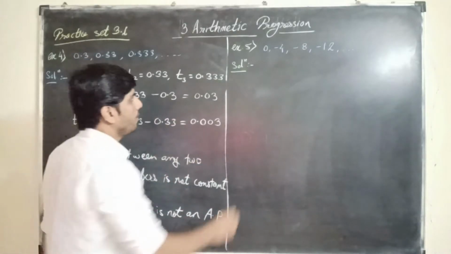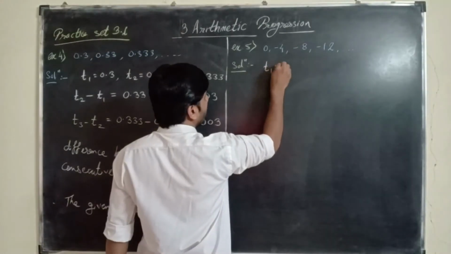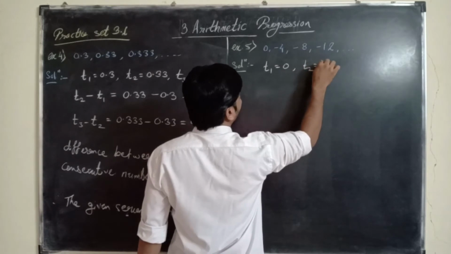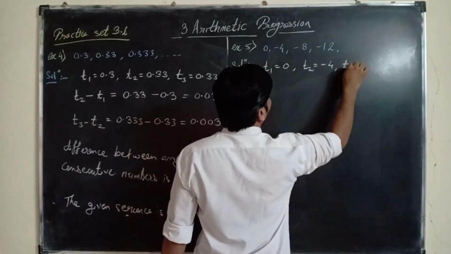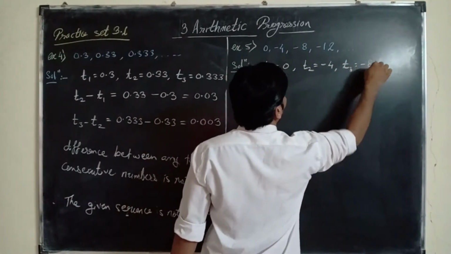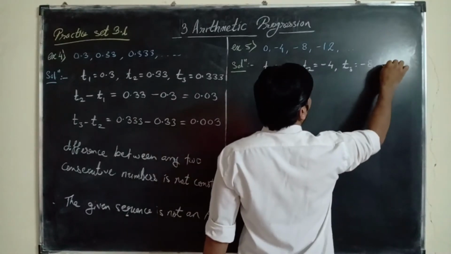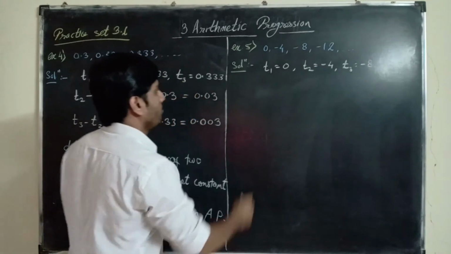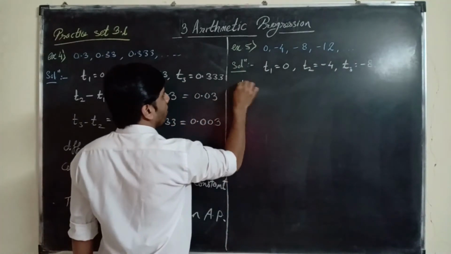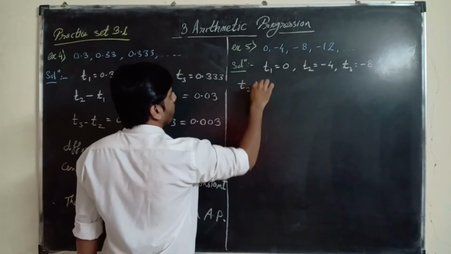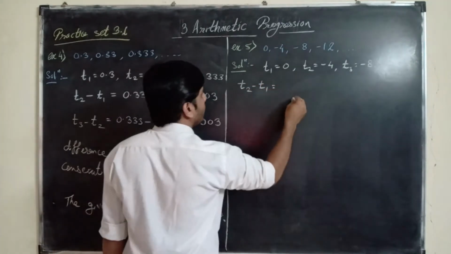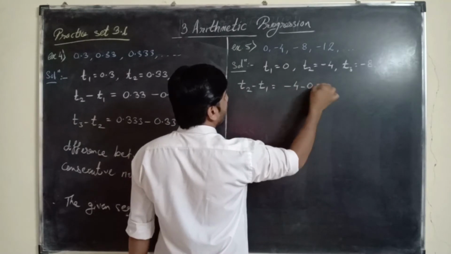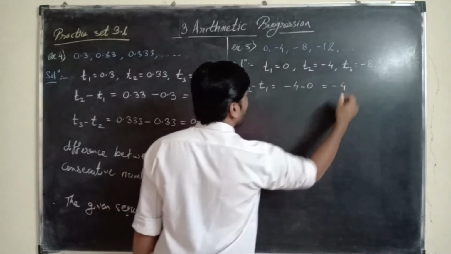Now in the fifth example, we have the first term, that is T1, which is 0, T2 is negative 4, T3 is negative 8, T4 is negative 12. Now T2 minus T1, which is negative 4 minus 0, which is negative 4.